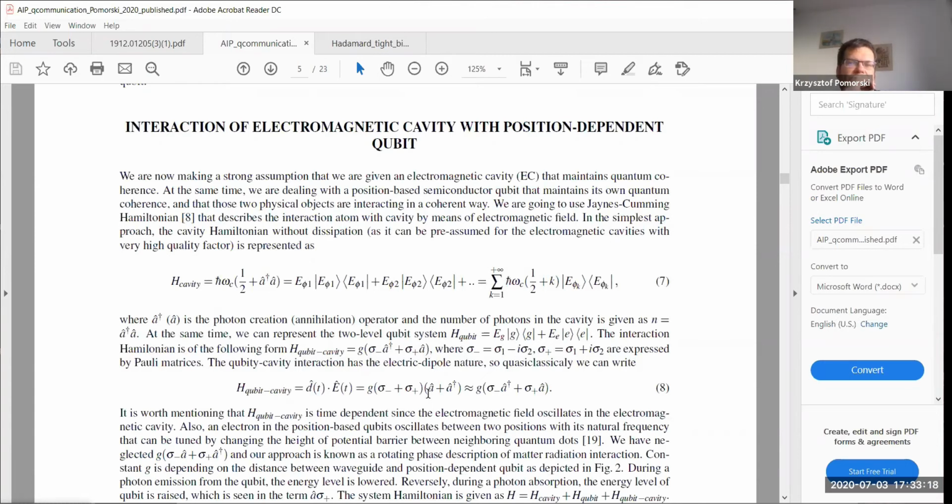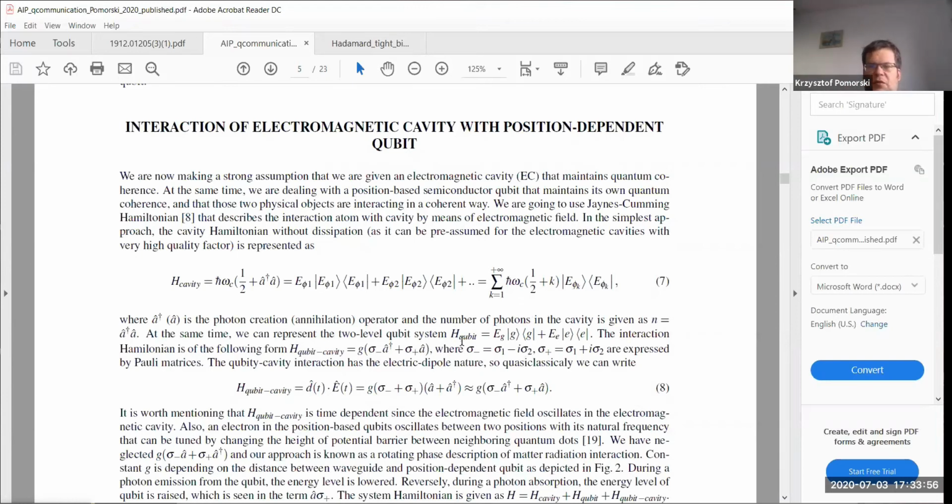So it could be placed nearby an electromagnetic cavity, and the Hamiltonian of the cavity is essentially expressed by electric field square plus magnetic field square. There is equal distance between eigenenergies, and this is a bit similar to a harmonic oscillator, where the E field plays the role of position and the B field plays the role of momentum.